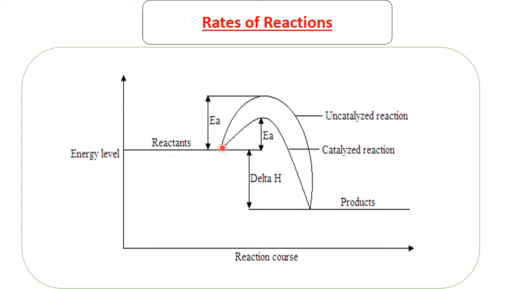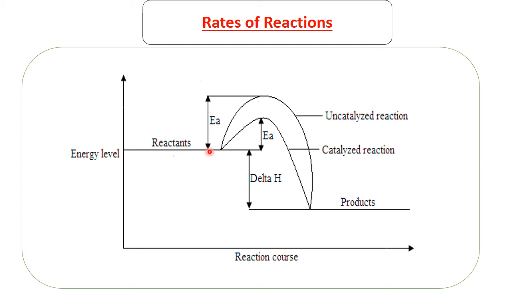Normally without a catalyst, they need to have this amount of energy, then they are going to produce a product. When a product is produced, of course, the energy of the entire system reduces, meaning that the products are going to be at a lower energy, as you can see. The products are always at a lower energy than the reactants.